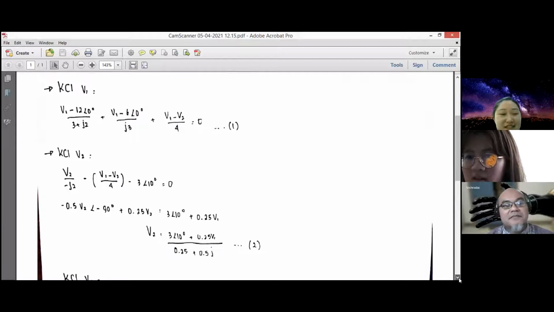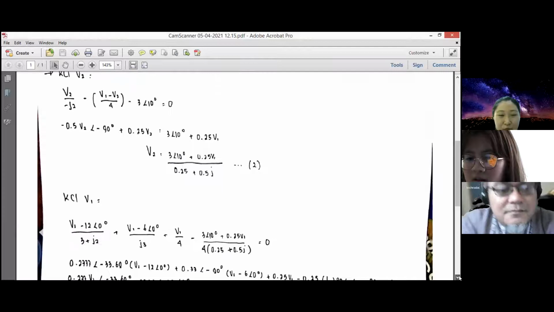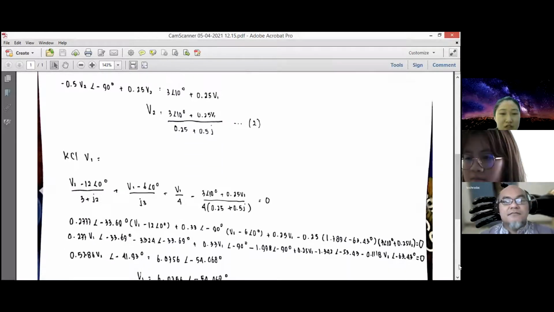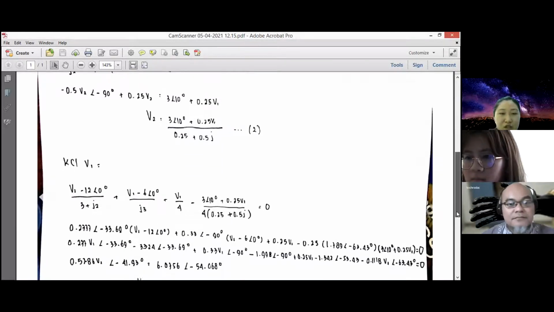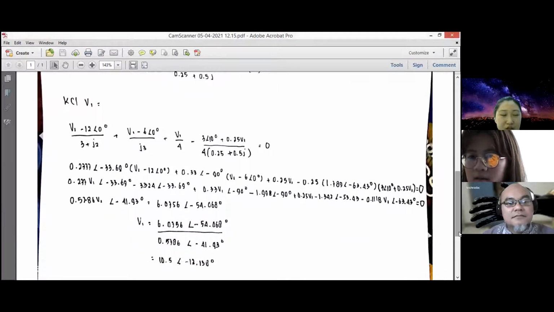Yeah, this is the nodal analysis KCL for node V2. And we get V2 is equal to this equation, and we substitute V2 back in equation 1, KCL V1.